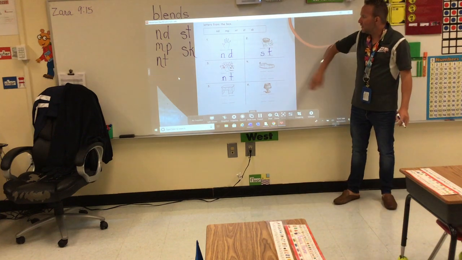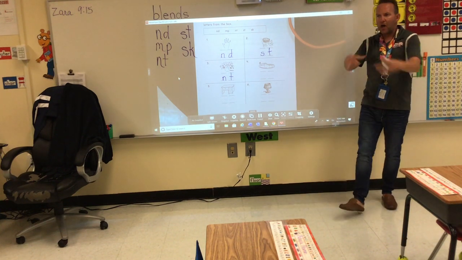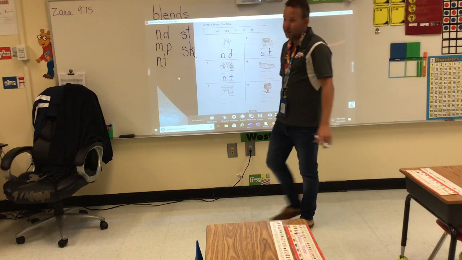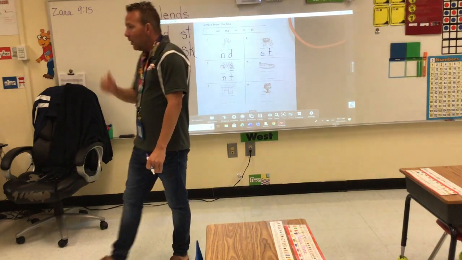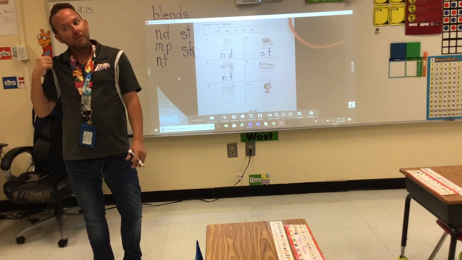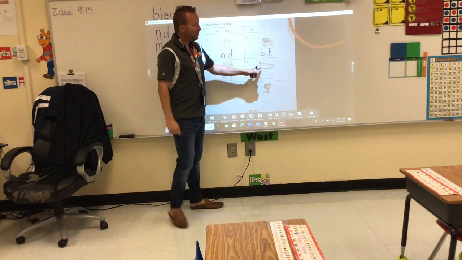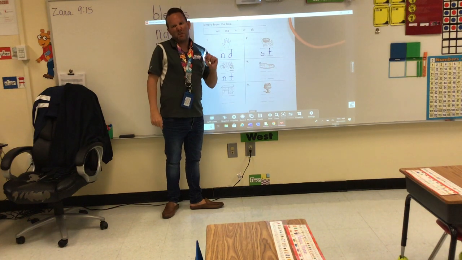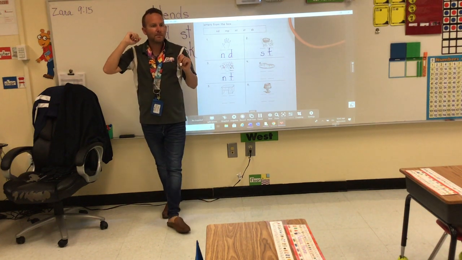All right. This right here, number 4, this is a small body of water. It's not a puddle. It's bigger than a puddle. What is that picture of? Pool. No, it's not a pool. It kind of looks like a pool, but a pool doesn't have plants growing out of it, okay? What would this be?